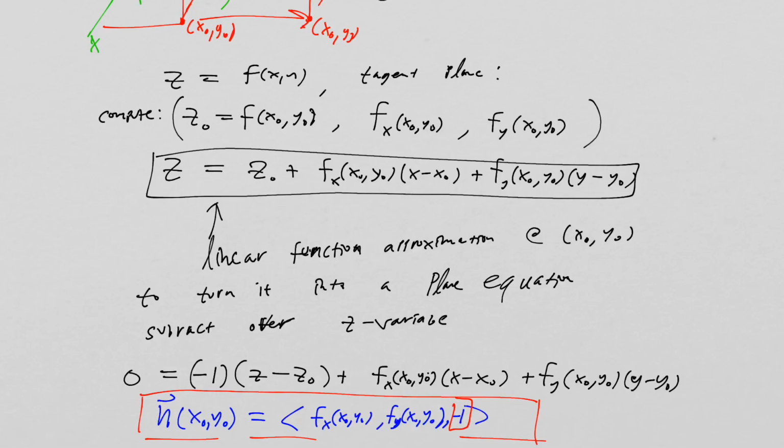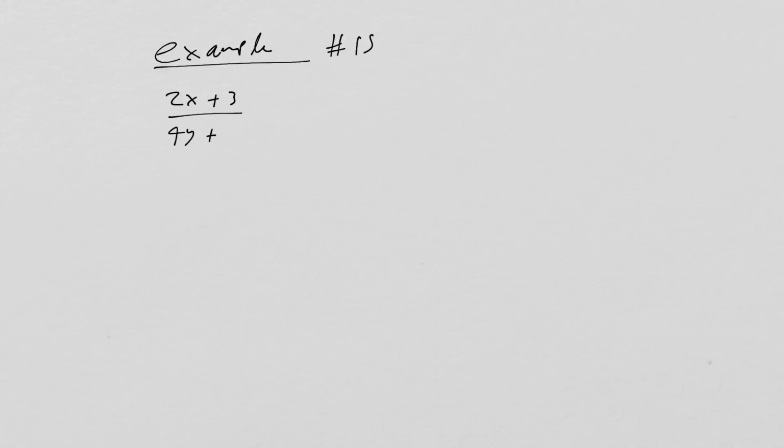All right, so now let's just do an example. First let's look at this example, and this comes from number 15 in section 11.4. We have the function 2x plus 3 over 4y plus 1.